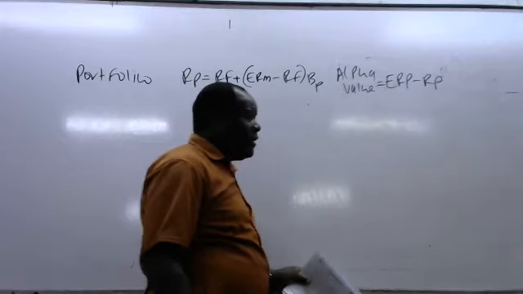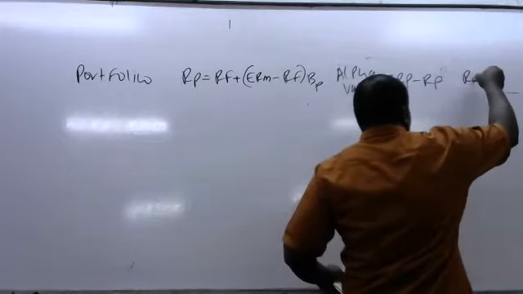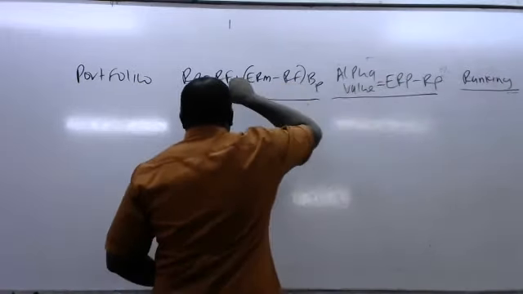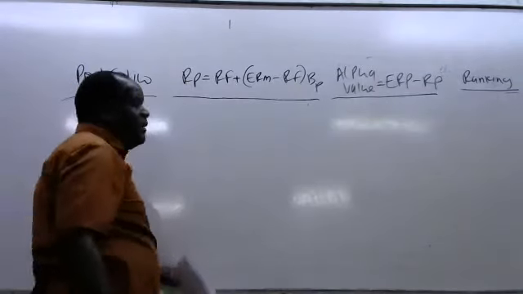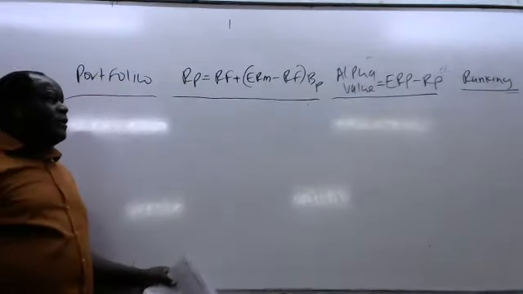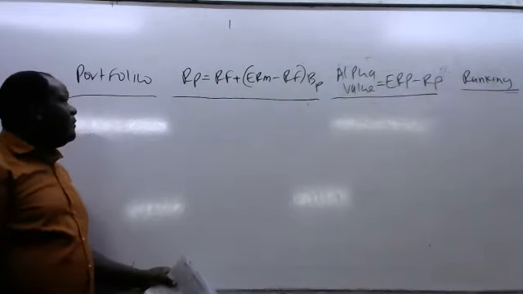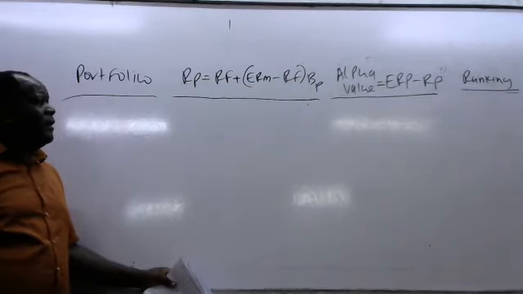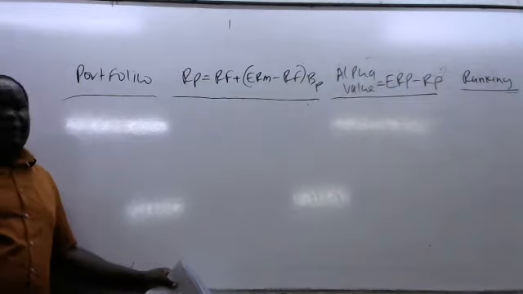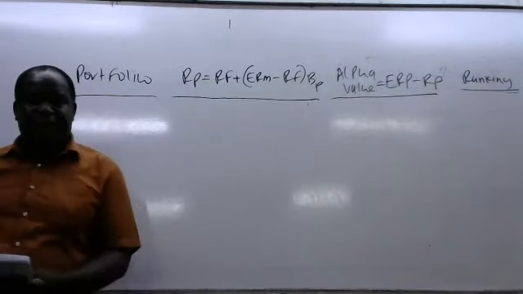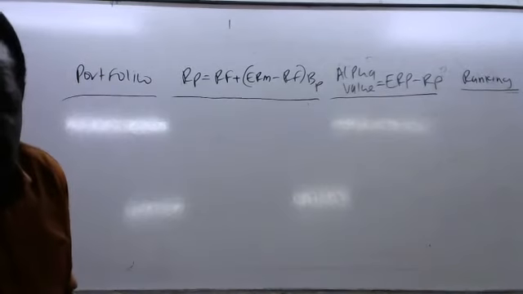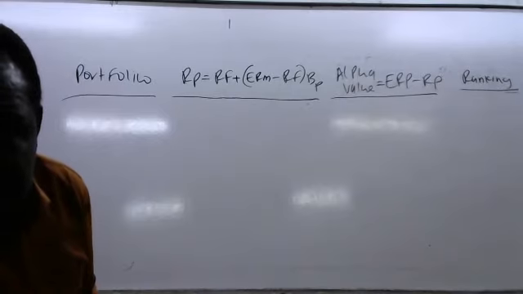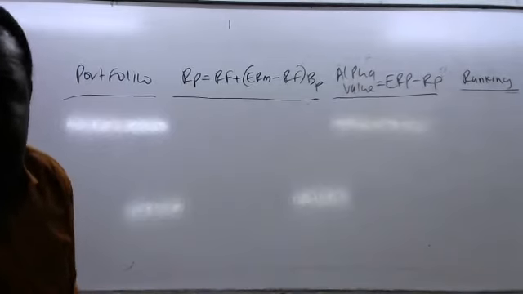Then you will also do the ranking. So we can have the portfolio, then the return of the portfolio, then the alpha value, and also the ranking.